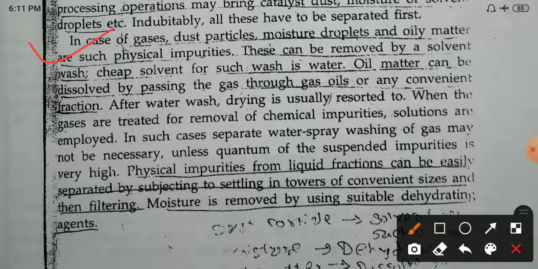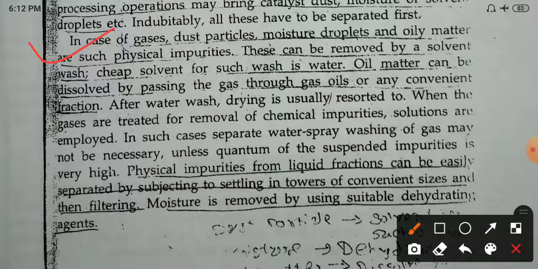These can be removed by a solvent wash, with a cheap solvent such as water. Oil matter can be dissolved by passing the gas through gas oil or any convenient fraction. After the water wash, drying is usually restored when the gases are treated for removal of chemical impurities.